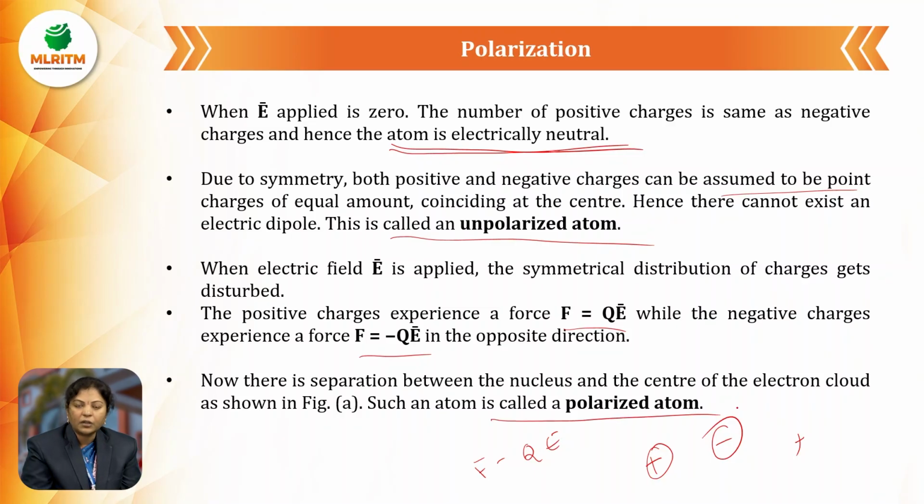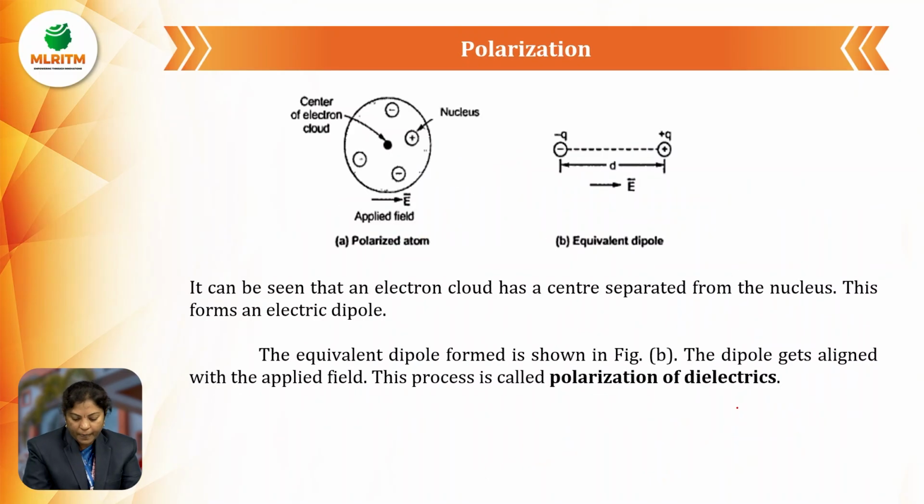This atom is called a polarized atom, and this is the equivalent dipole. The dipole gets aligned with the applied electric field. This process is called polarization of dielectric material.